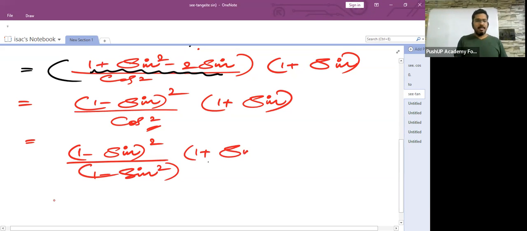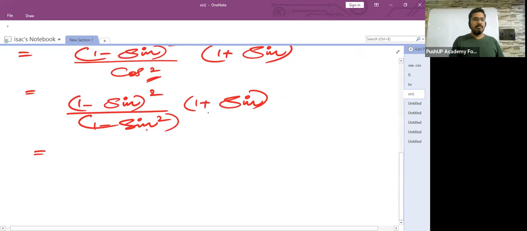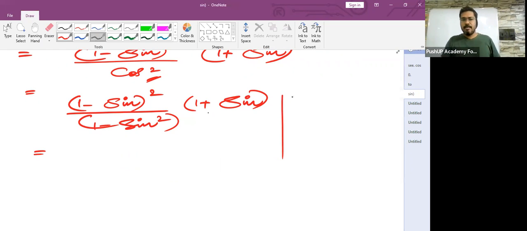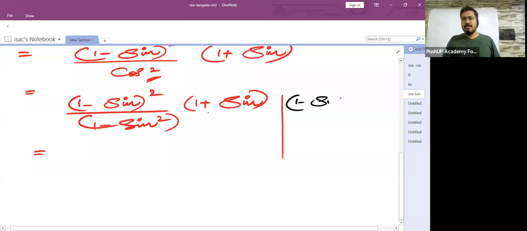Now this is equal to, children, 1 minus sine square. Can't I write it as 1 minus sine into 1 plus sine? Because it is of the form a square minus b square. Are you getting my point? The bottom part, children: 1 minus sine square, isn't it looking like 1 square minus sine square?